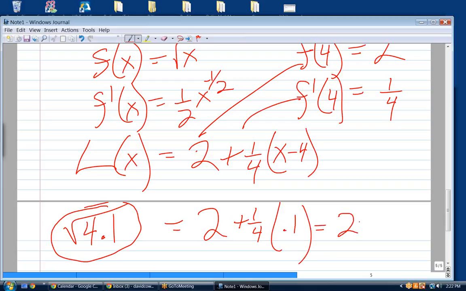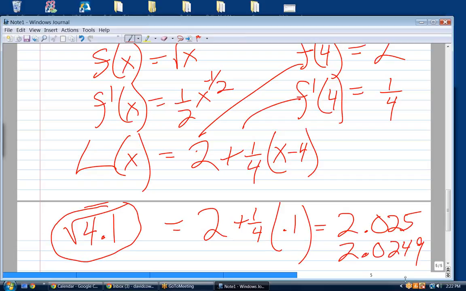So that is 2.025. And if you look up in a calculator what the square root of 4.1 is, it's like 2.0249.